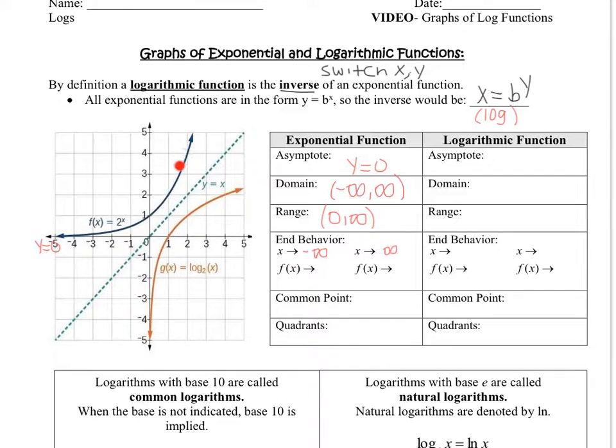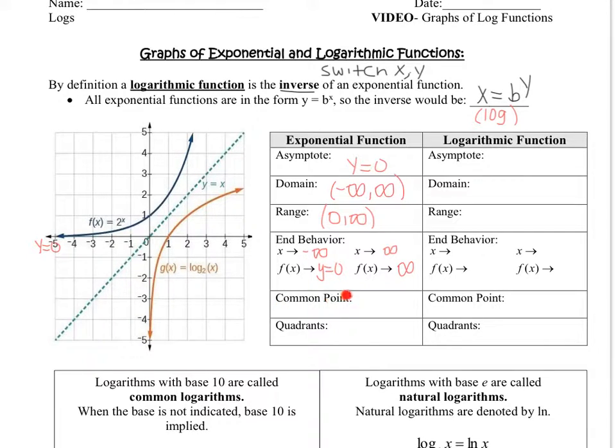It's not necessarily headed down to negative infinity, so we say that f of x heads to the line y equals 0. So as x goes to the left, this graph is headed all the way down to the asymptote. Now as x goes to positive infinity, f of x looks like it's shooting up, so we say f of x goes to infinity.